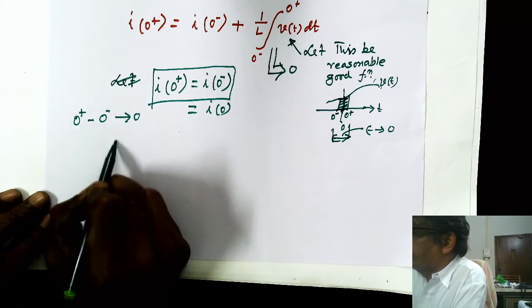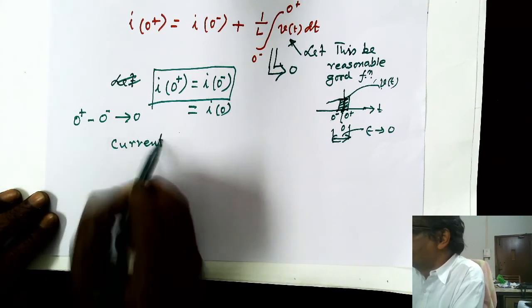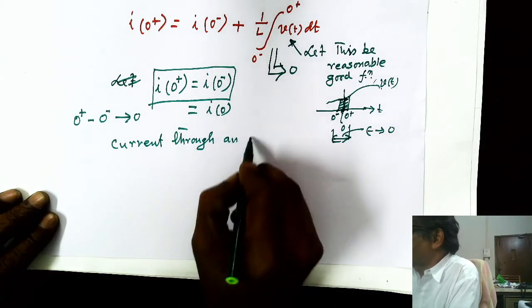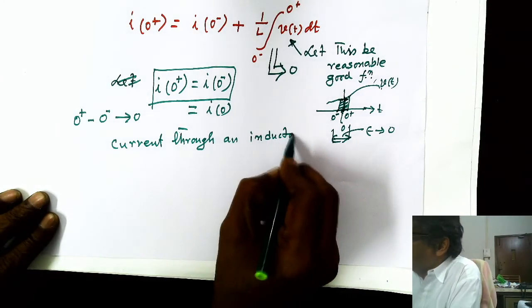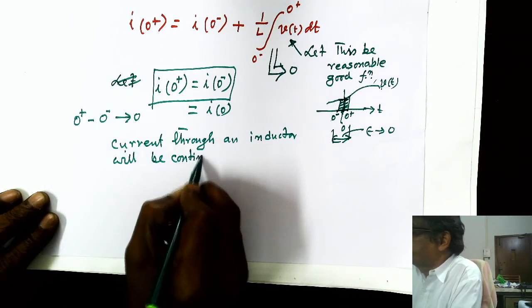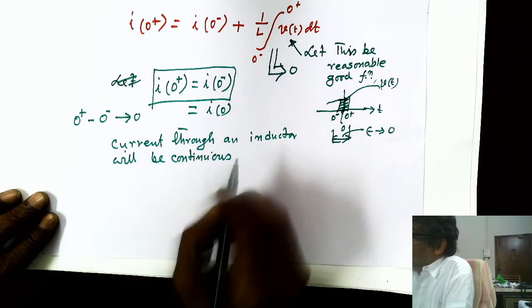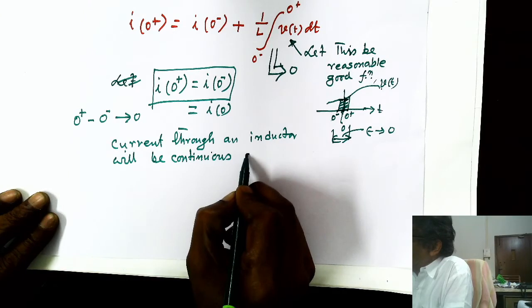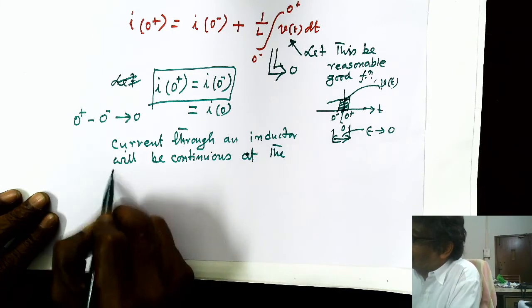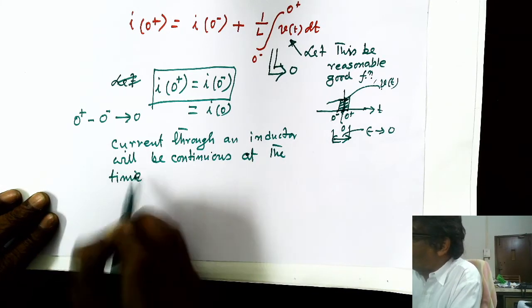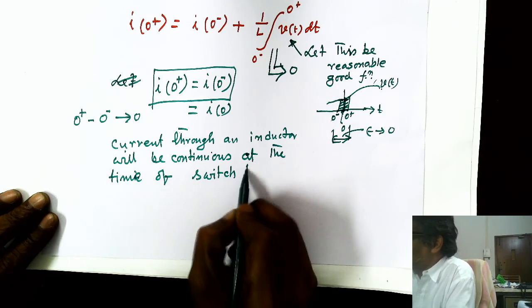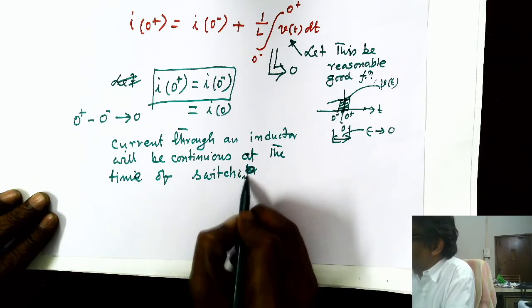So current through an inductor will be continuous at the time of switching transient.